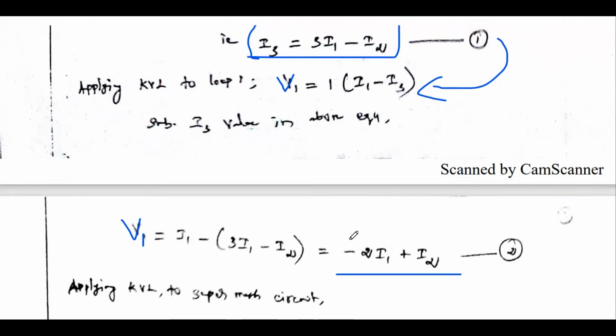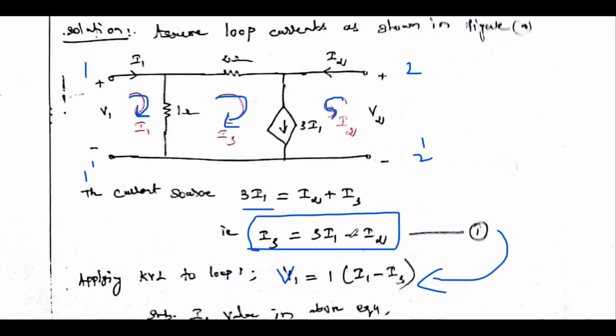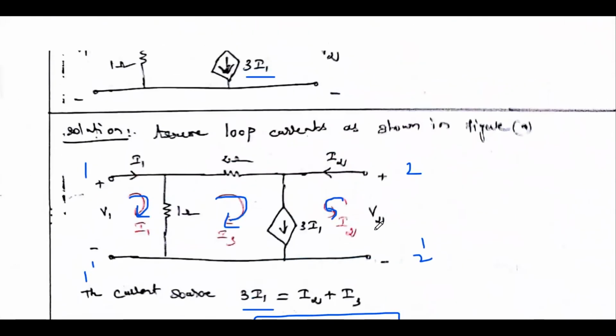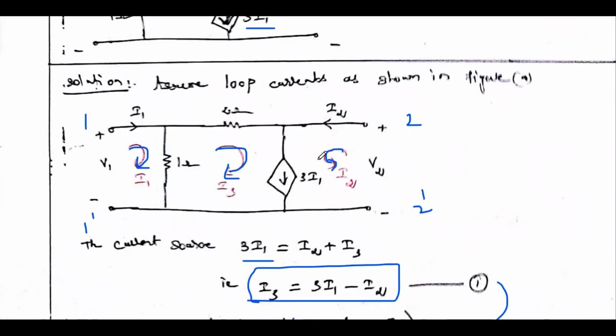Then next, in order to find the V2 equation, you just apply KVL to the super mesh. Here you see in between the two meshes, one current source is available. So we can't write individual KVL equations for the second loop and third loop separately.